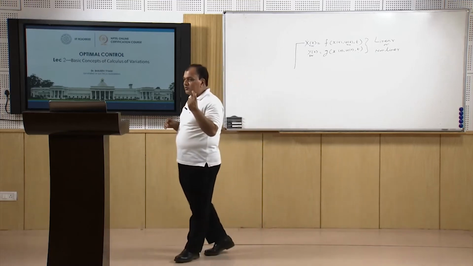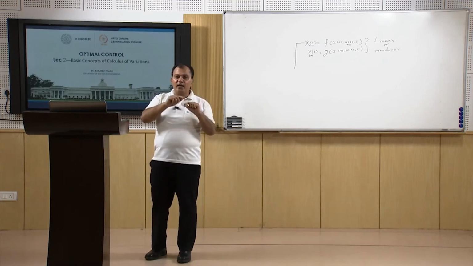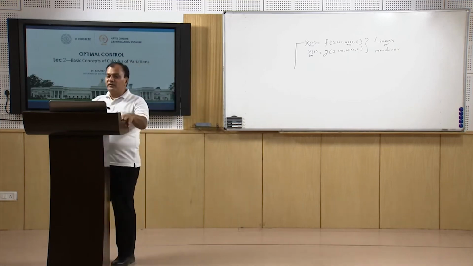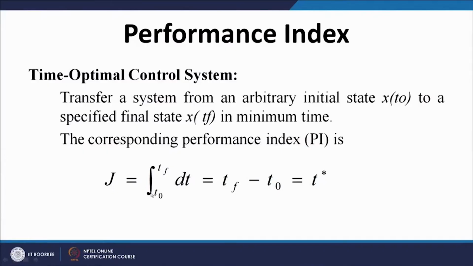Here our objective is to minimize the time to transfer a state from its initial value to final value. Such a system we call the time optimal control system, and the performance index can simply be defined as integral from T0 to T of dt, because our objective is to minimize the time.